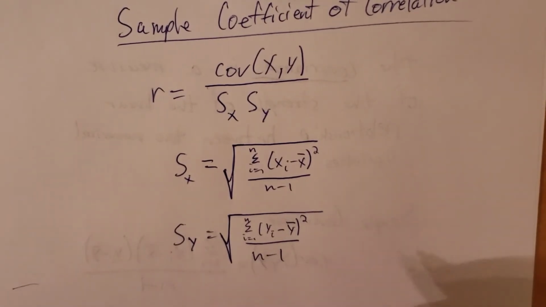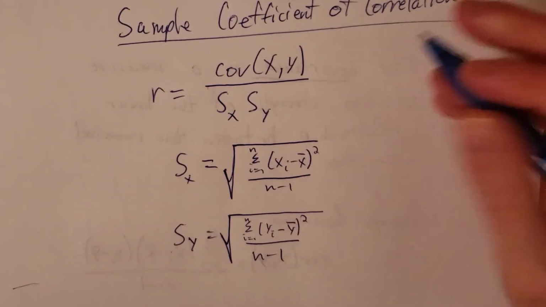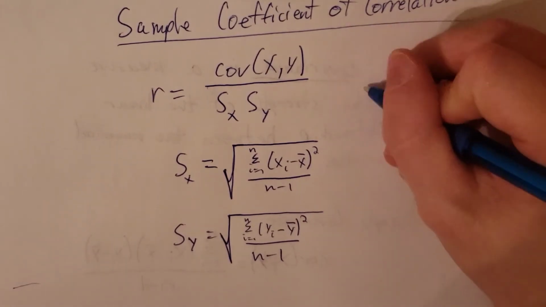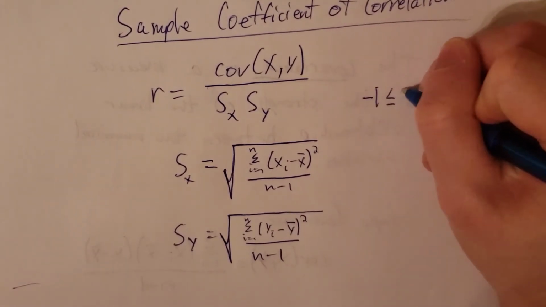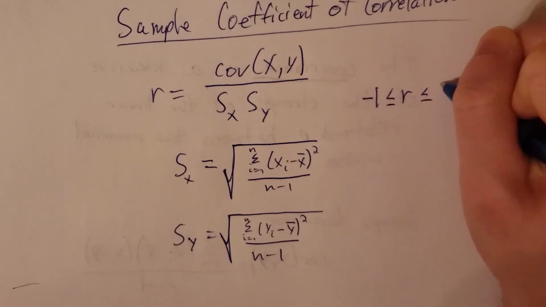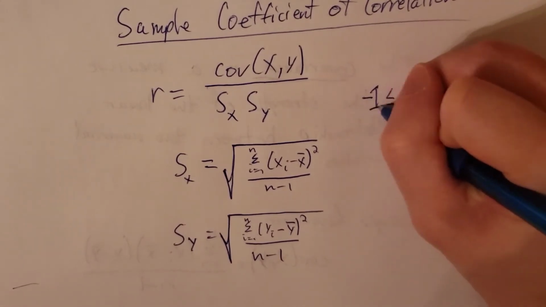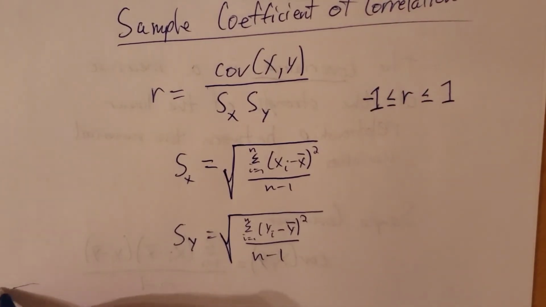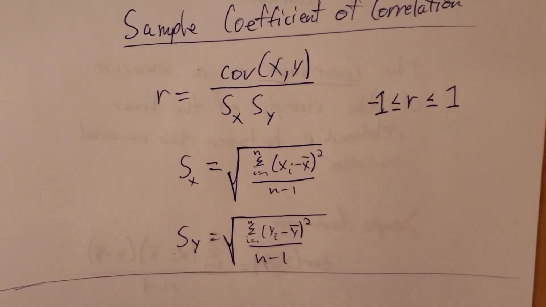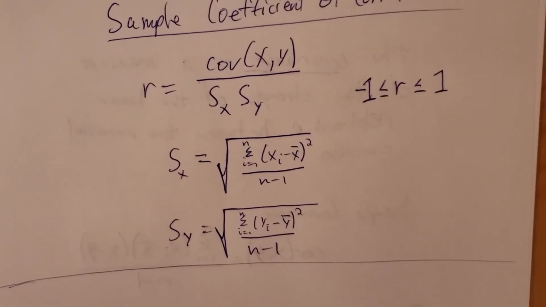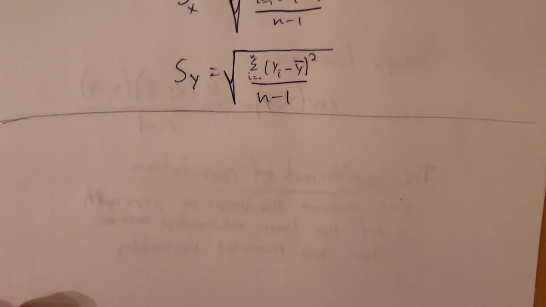Now, it turns out for the coefficient of correlation, this value is always between -1 and +1. So let's discuss real quick what these values might mean.